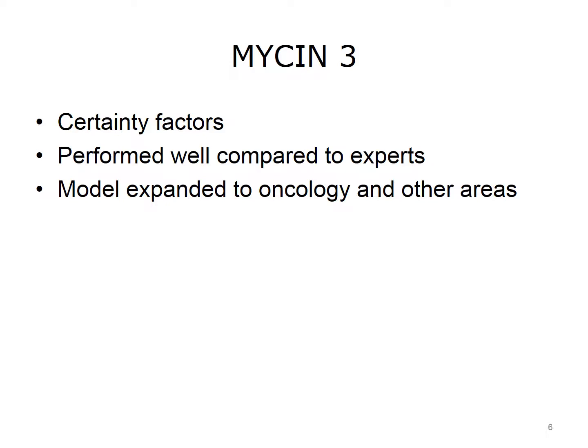Shortliffe and his colleagues developed a way to deal with the uncertainty, which they labeled certainty factors, so that the rules in the system did not have to rely on perfectly certain data. MYCIN performed well compared to experts like Stanford's faculty. An oncology system was developed modeled on MYCIN, and it was also expanded to other domains.